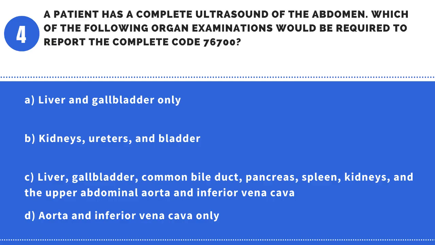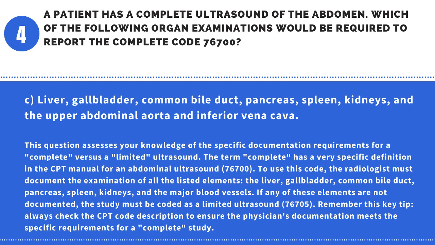C. Liver, gallbladder, common bile duct, pancreas, spleen, kidneys, and the upper abdominal aorta and inferior vena cava. D. Aorta and inferior vena cava only. Answer: C. Liver, gallbladder, common bile duct, pancreas, spleen, kidneys, and the upper abdominal aorta and inferior vena cava.